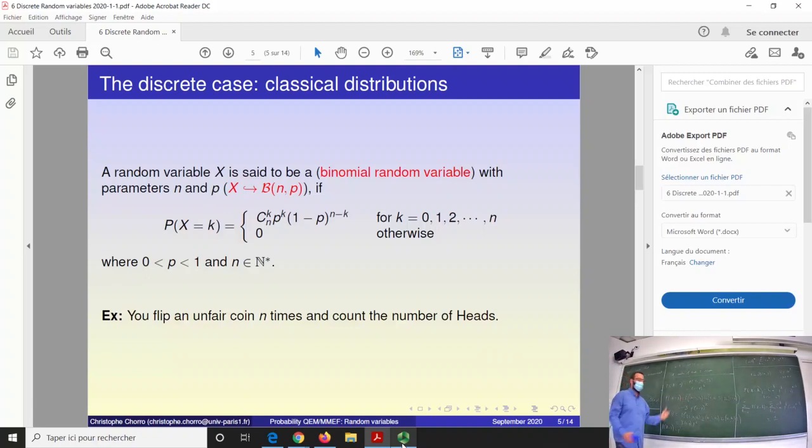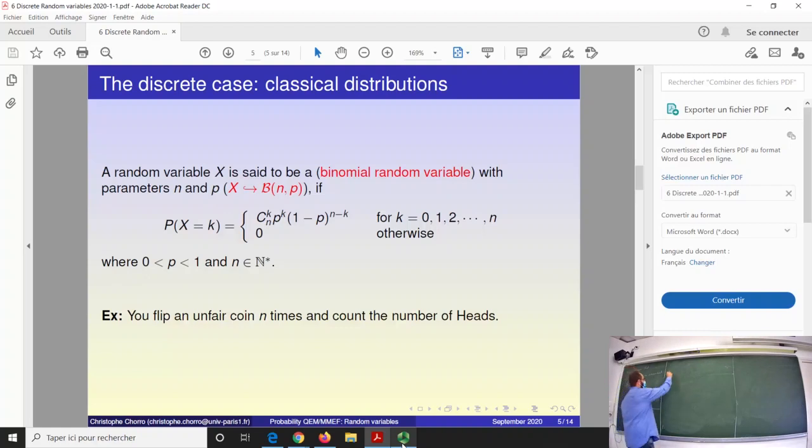So I erase this one. Okay, so if I want to do an induction, I have to initialize and I have to prove the heredity.